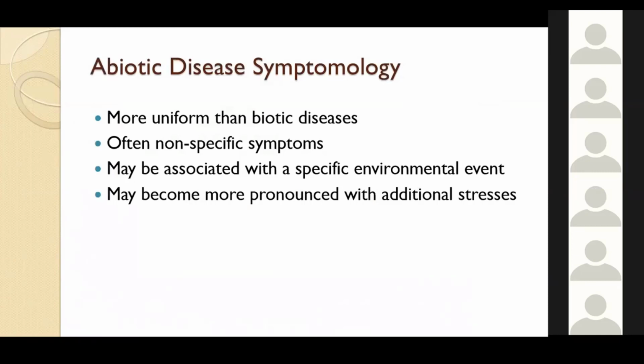Also, if you think back to what the weather's been doing prior to the injury occurring, you may be able to time that to a specific weather or environmental event. Also, abiotic diseases often become much more pronounced with additional stresses.